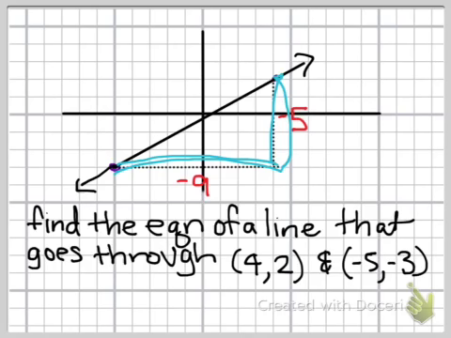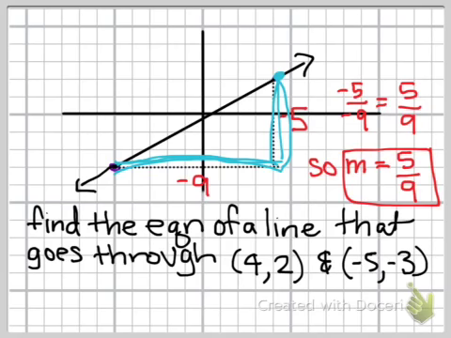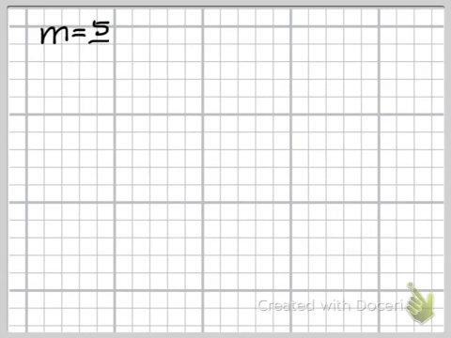So depending on which way you look at it, I started here and went -5 to -9. Okay, so our slope is -5 over -9, which is 5/9. So m equals 5/9.